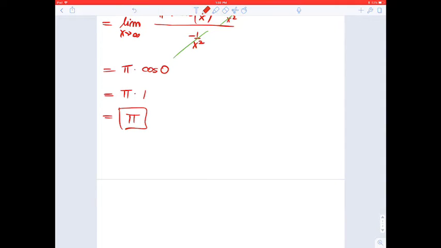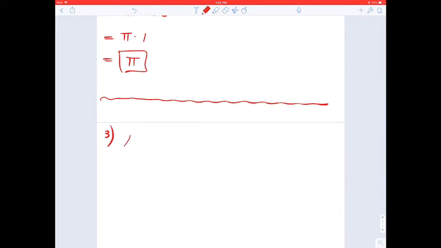Okay, and let's see another example. Example number 3. Limit as x goes to positive infinity, e to the power of x minus e to the negative x over x squared. That means, first of all, I see function e to the x on the top, and I see function x squared.